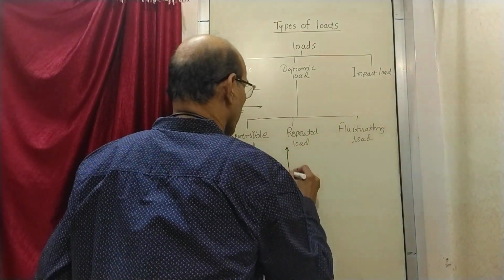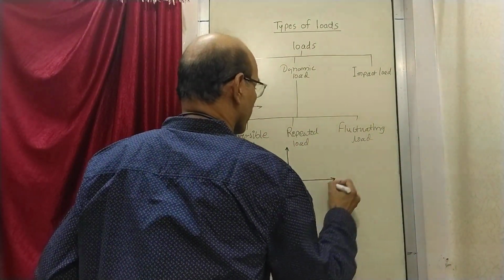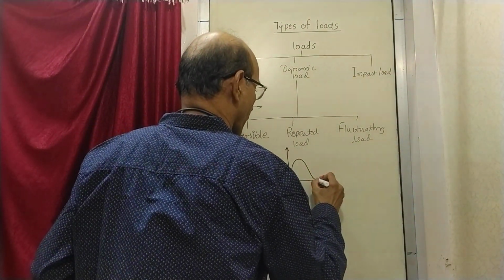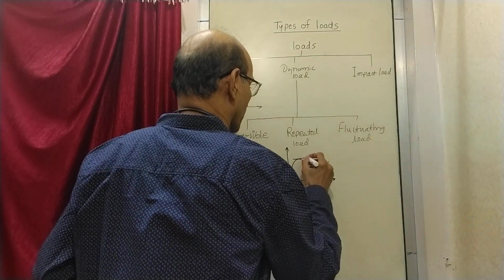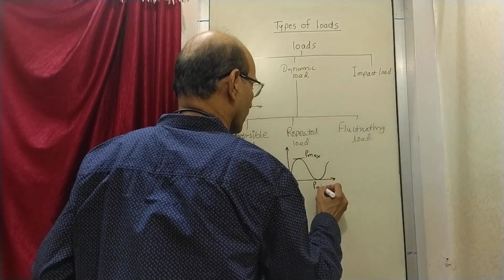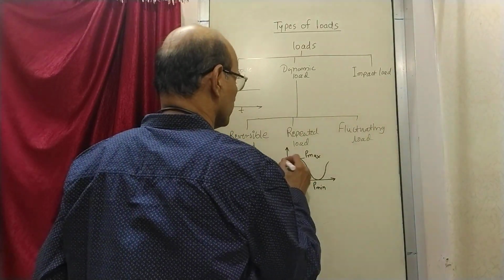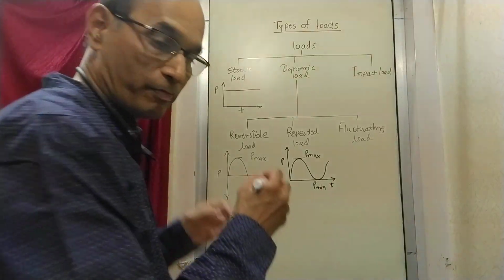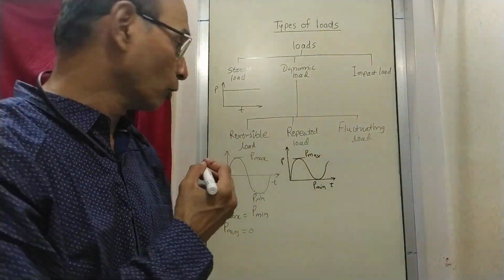Then comes the repeated load. Now repeated load is like this. So here this is P max, this is P minimum, and of course this is P versus T. Here P max and P minimum are both on one side.